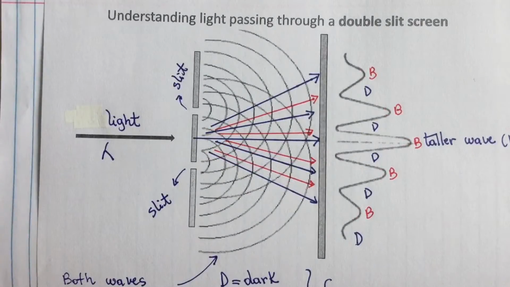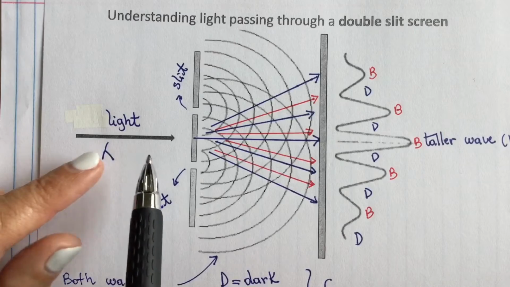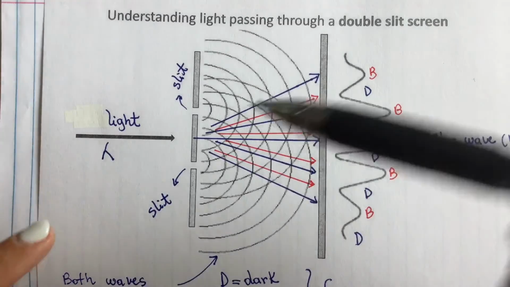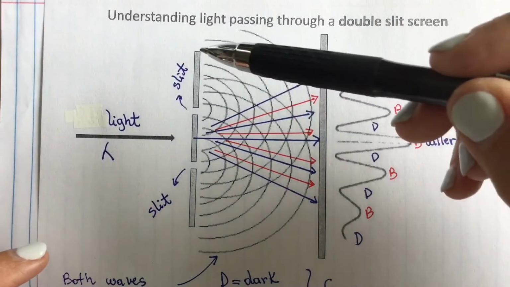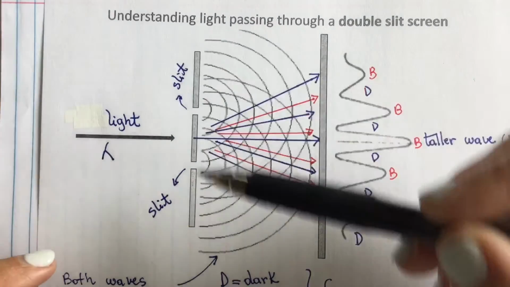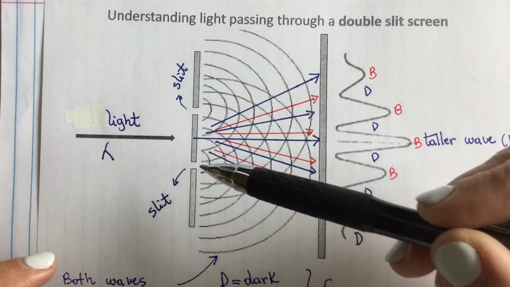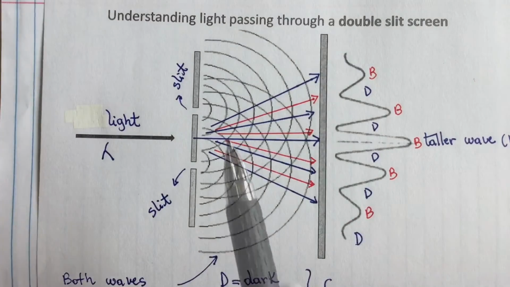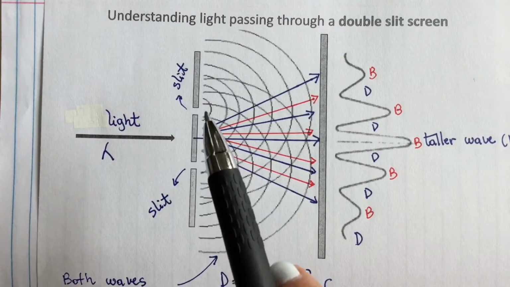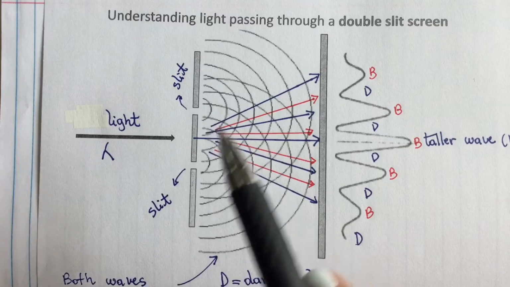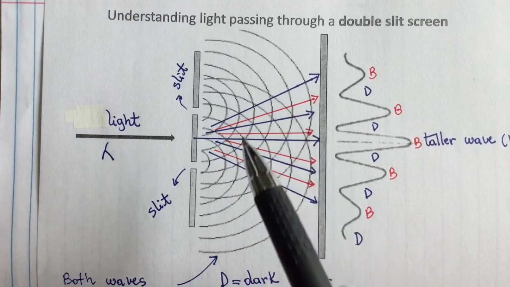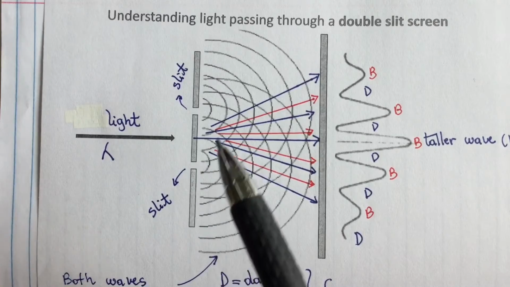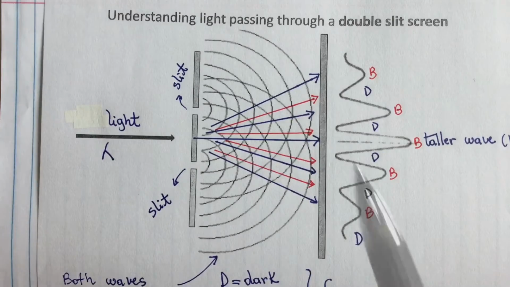As you remember, this is a light source with a wavelength, and this is a screen with two slits or openings. As the light passes through this opening, it's going to diffract, so it diffracts through this opening and diffracts from this opening.